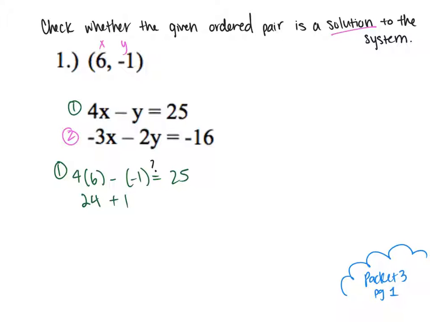Then 24 plus 1 is 25, and 25 does equal 25 on the other side. So this is a solution for the first equation, I did get the number on the other side. So this ordered pair works for the first equation, but we need to double check that it works for the second equation as well.